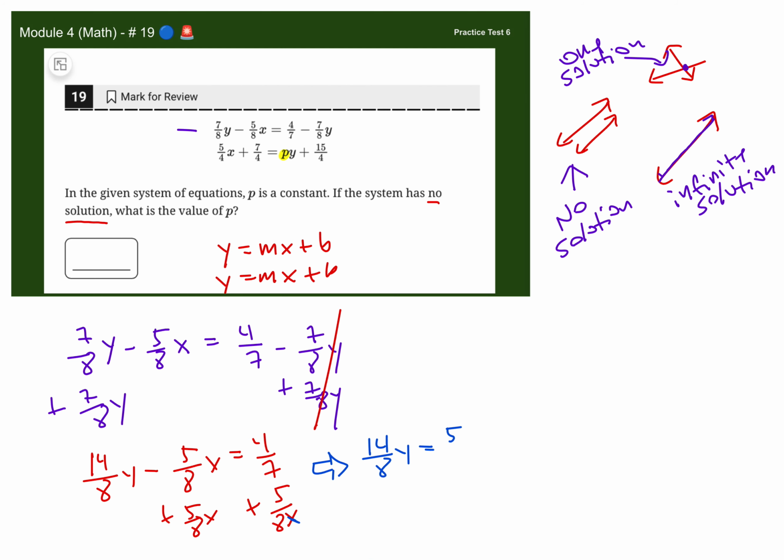Man, what am I doing? This x looks like it's down below, but it's next to it. Right there. All right, plus 5 over 8x, and then plus this 4 over 7.